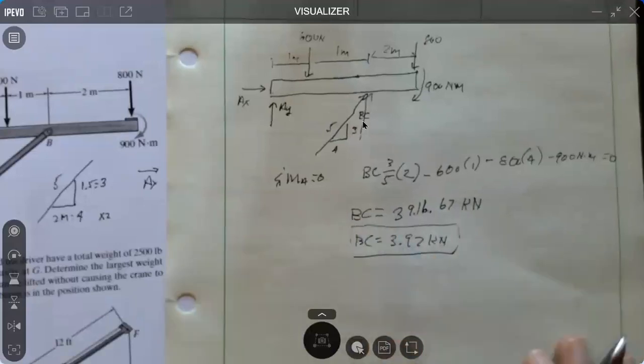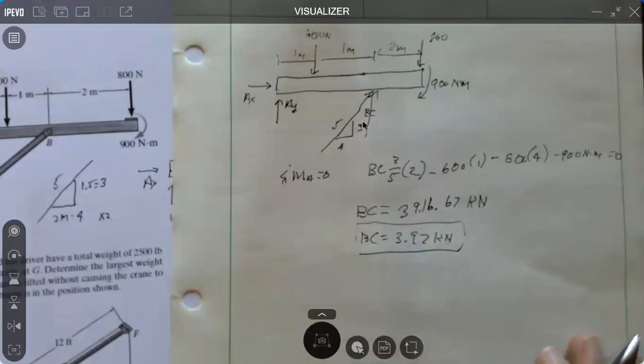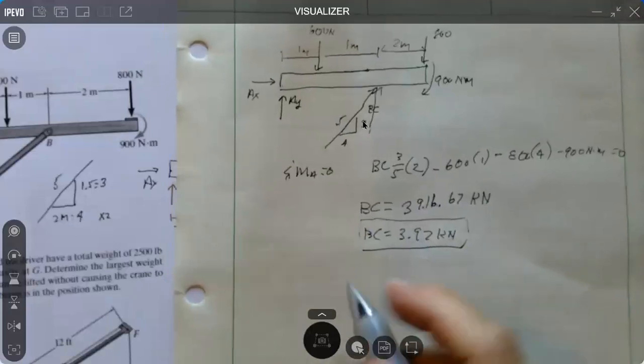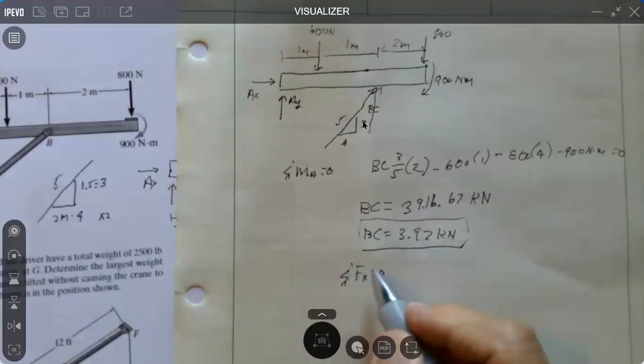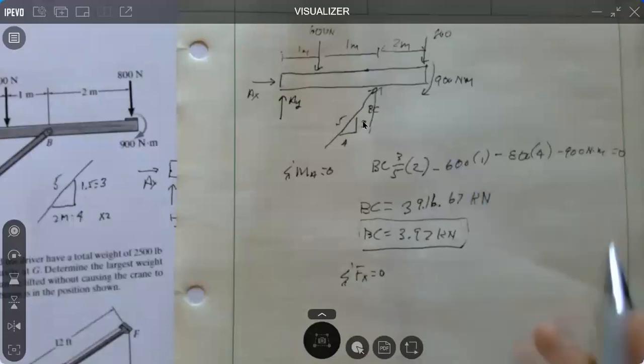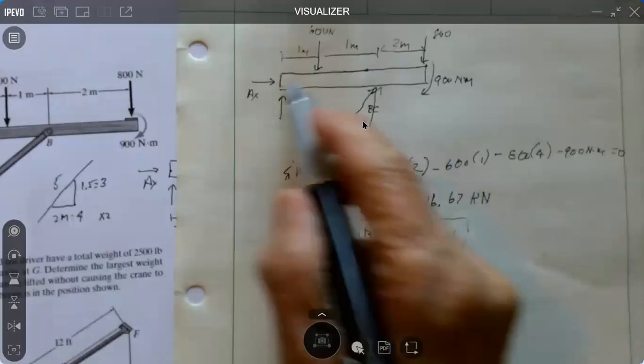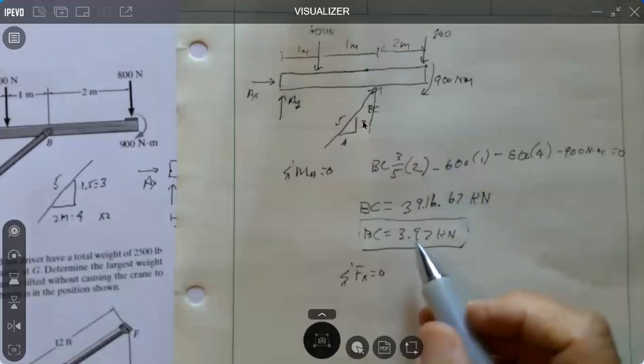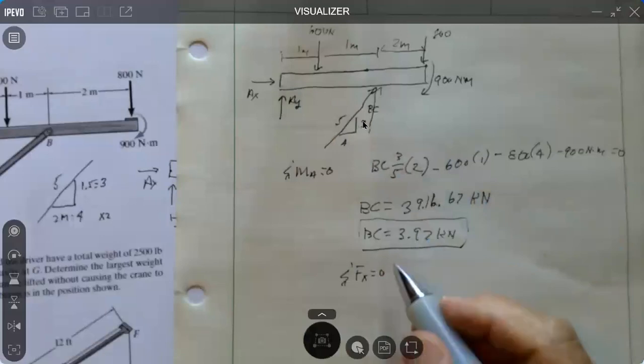And then what you do with that, you can sum forces in the X equals 0. When you sum forces in the X equal to 0, you have the A sub X. I showed that as positive.